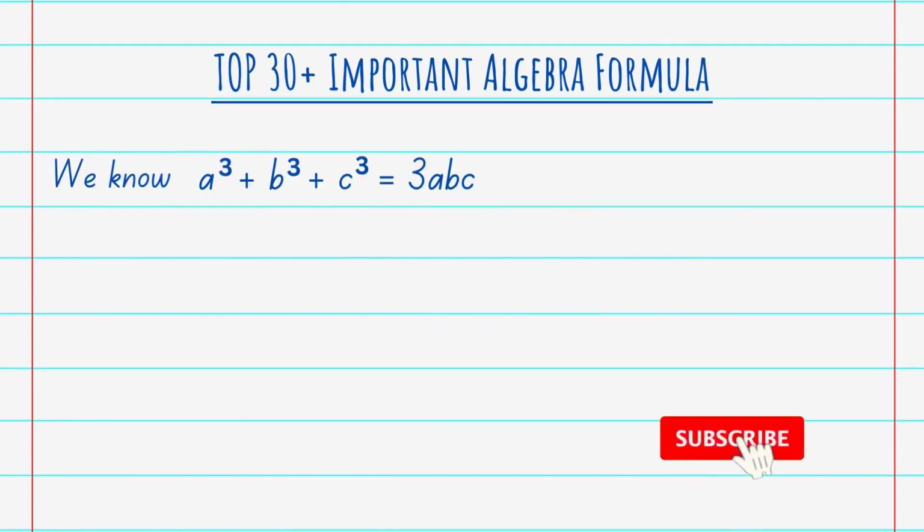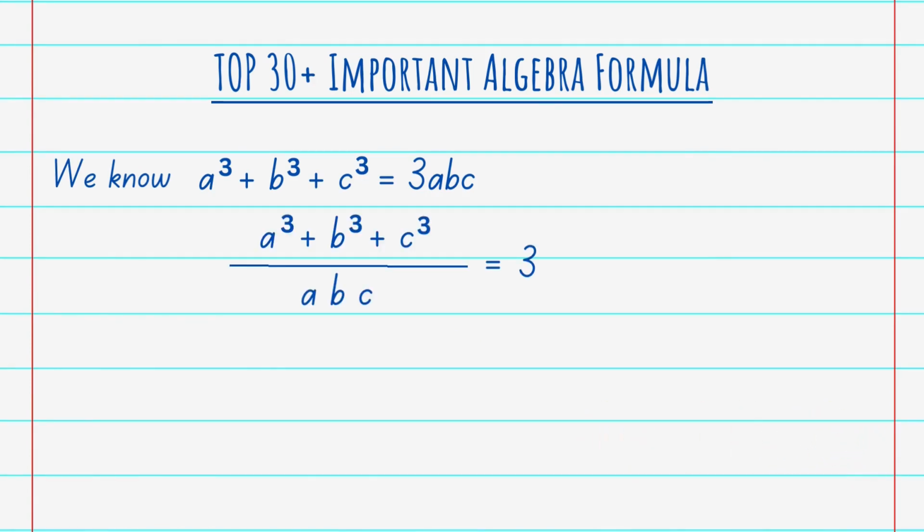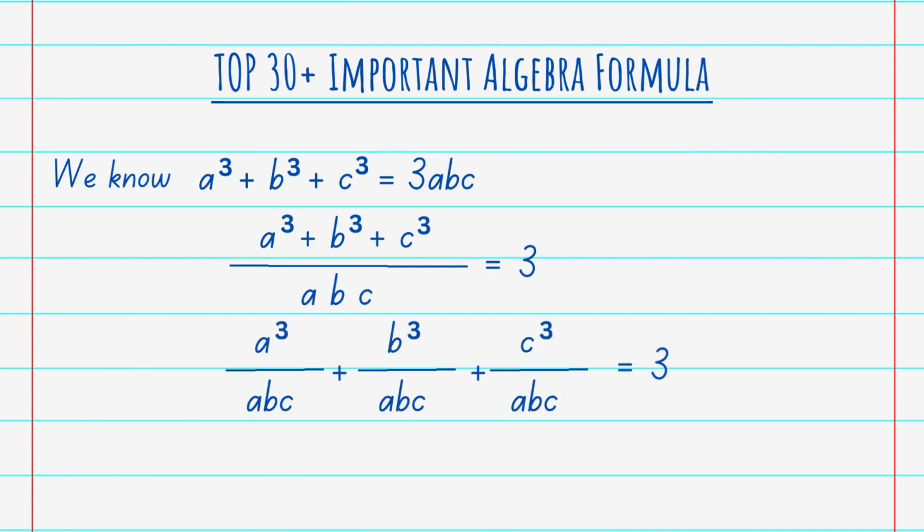So we know our formula. If a + b + c is equal to 0, then a³ + b³ + c³ is equal to 3abc. So (a³ + b³ + c³)/abc is equal to 3. We can write it down like this. Dividing by abc, we get a³/abc + b³/abc + c³/abc is equal to 3.